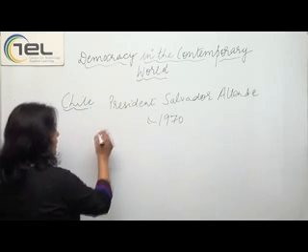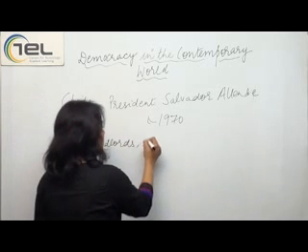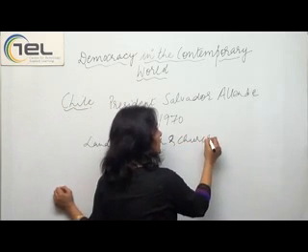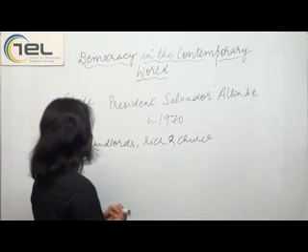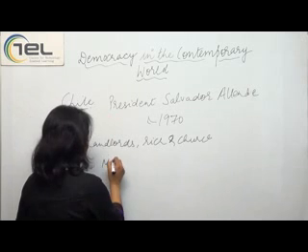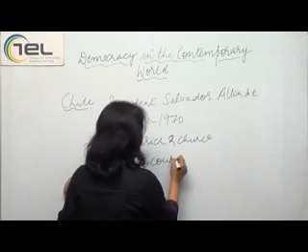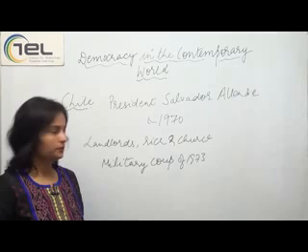Then, but landlords, rich and church didn't favor him because of his policies. They were against his policies, and as a result, in the military coup of 1973, he was killed.